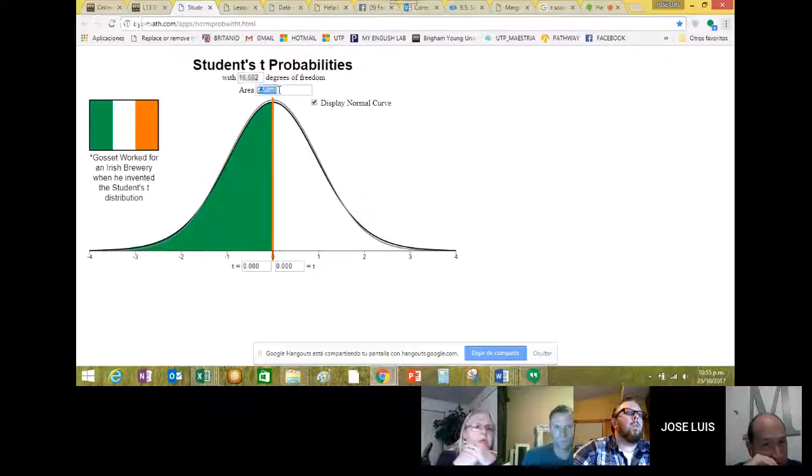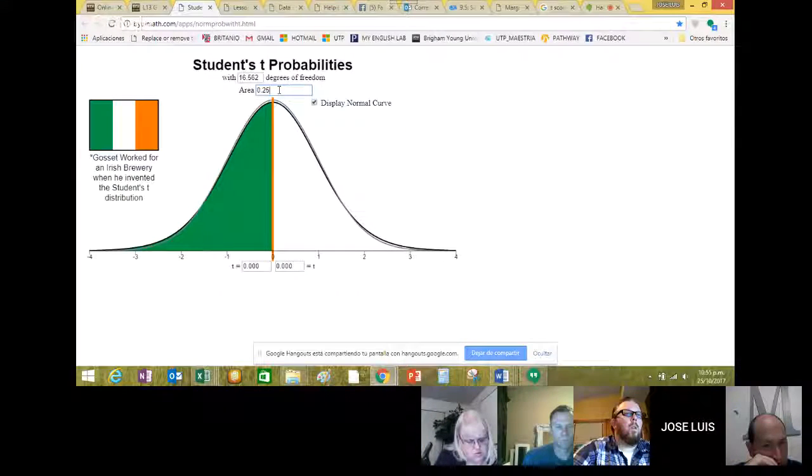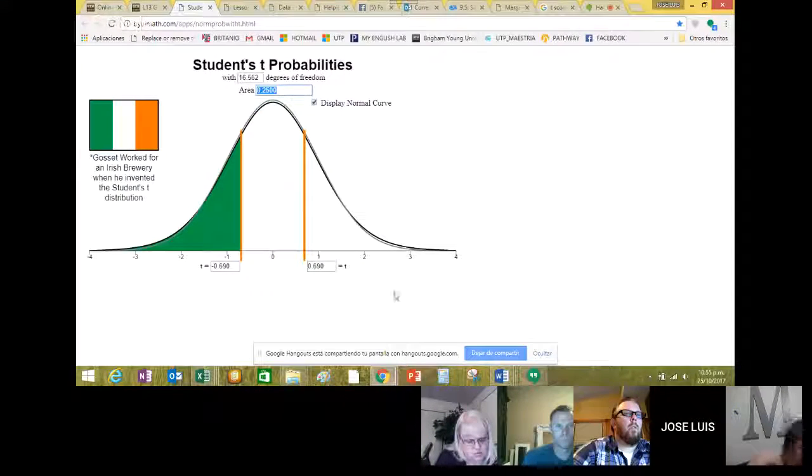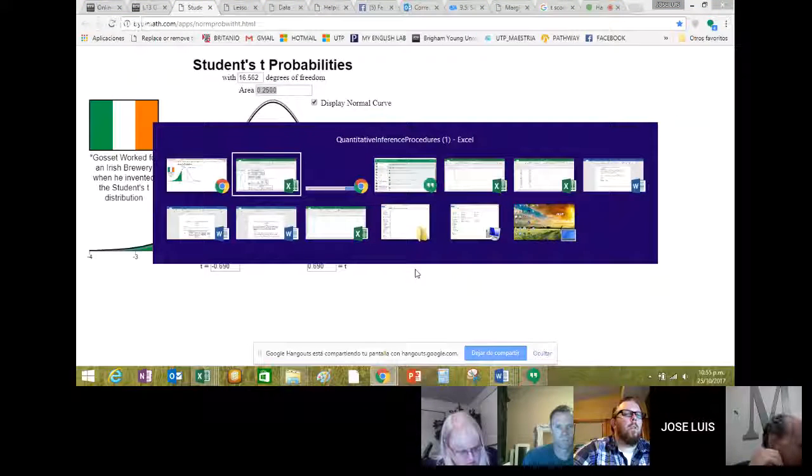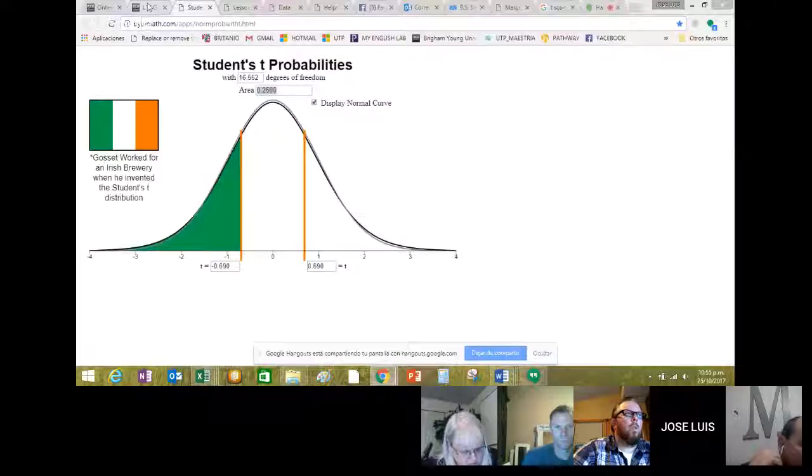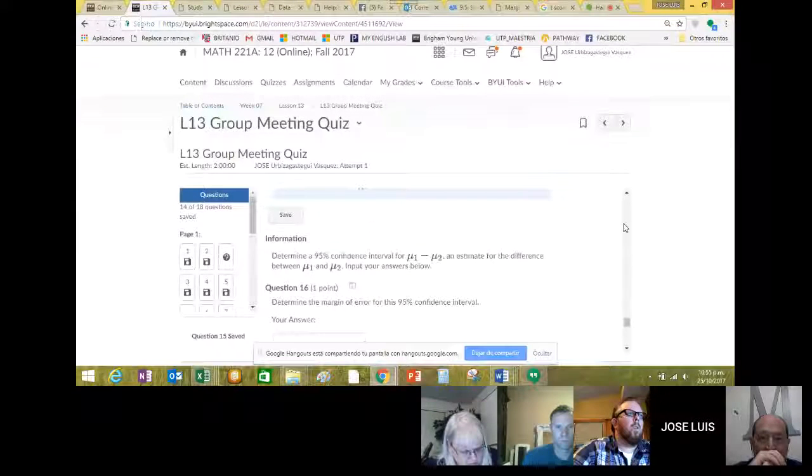Do we have to divide that area by 2 though? Yes, so the area is 0.25. Yes. And according to this, is it less than?